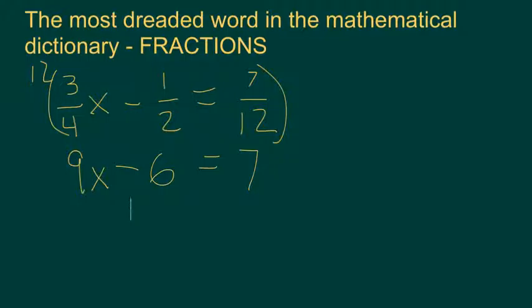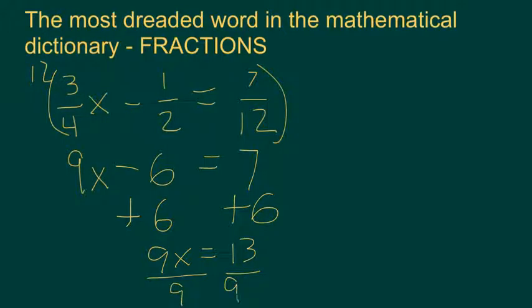From here, it is now a two-step equation to solve. I add 6 to both sides. I get 9x is equal to 13. Divide both sides by 9. I get x is equal to 13 over 9, which would be 1 4/9.